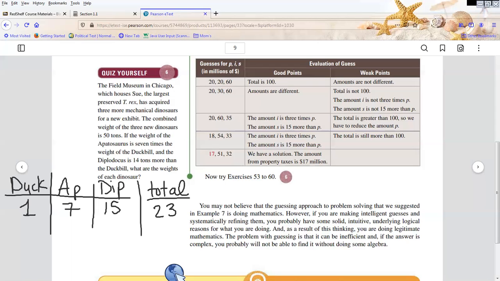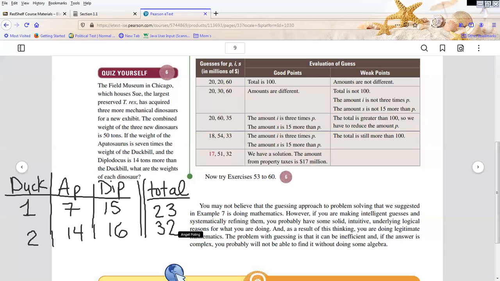We could double this if the duckbill is 2. 2 times 7 is 14. And 14 plus 2 is 16. Now we have 32 as a sum.